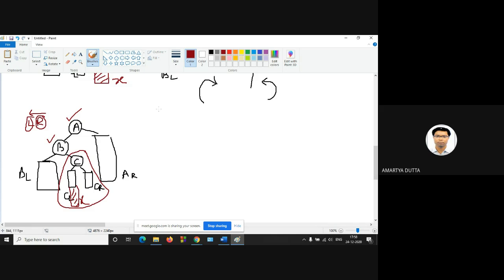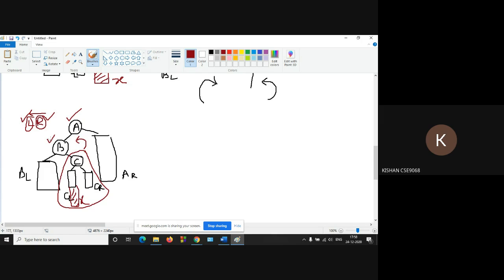First of all, LL is followed by RR. So first RR rotation, next LL rotation. So first of all, in C there will be an anti-clockwise rotation. That is which rotation?